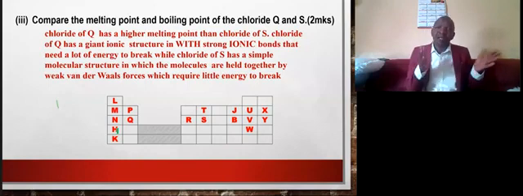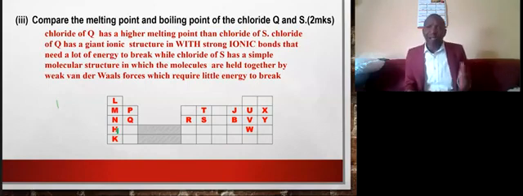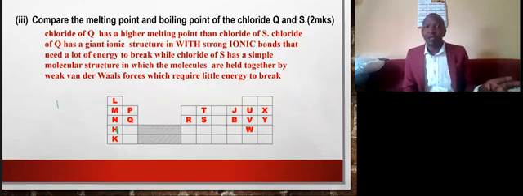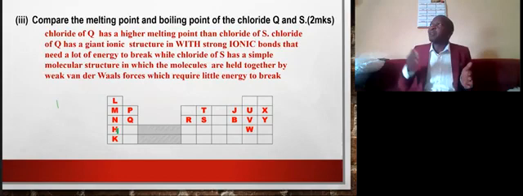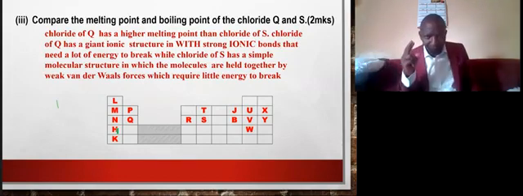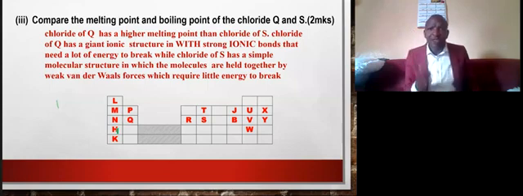Compare a metal and a metal, and you are comparing their melting point. What will you look at? There are two things that you are going to consider to answer that question. We are comparing giant metallic with giant metallic, so we are going to consider two things. One, the atomic radius.